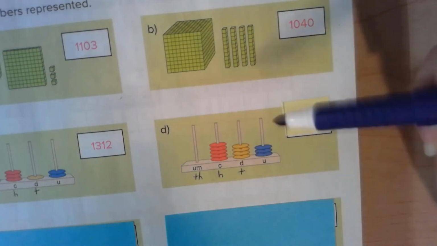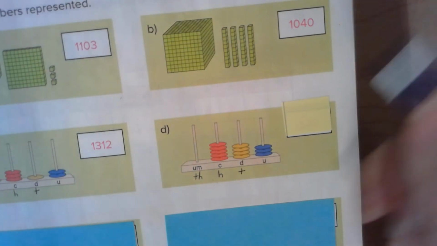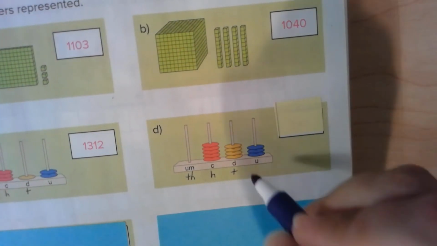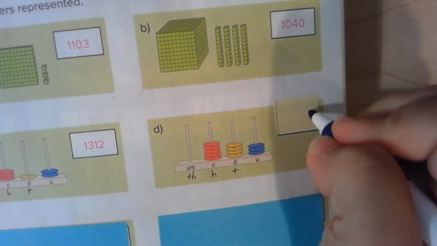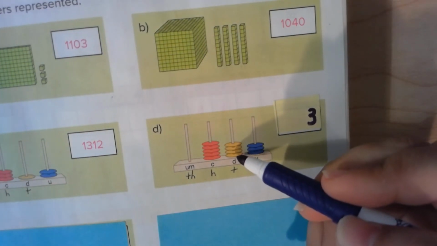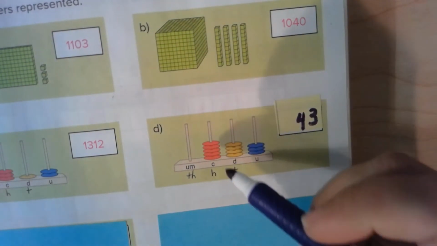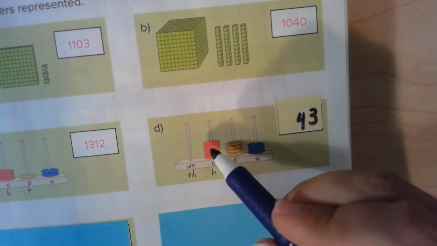Where do we start? You're right, it's the units. So we have 1, 2, 3. 3 units. Our tens, 1, 2, 3, 4. And our hundreds, 1, 2, 3, 4, 5.